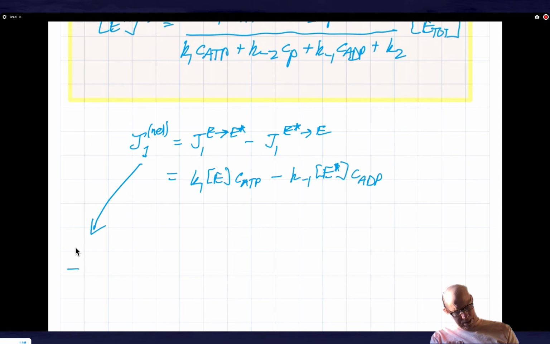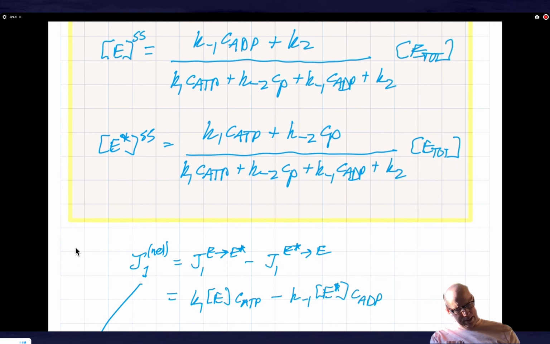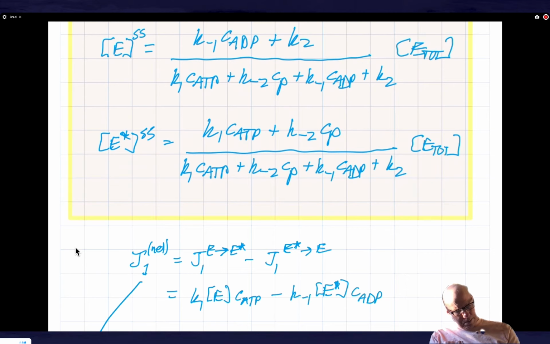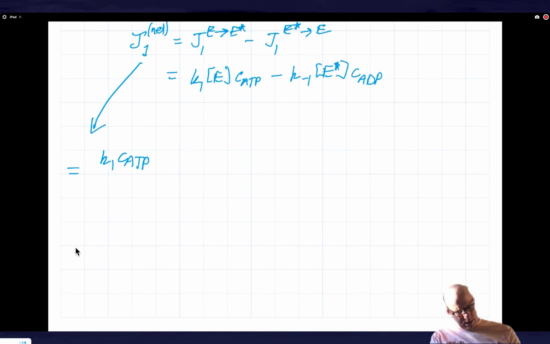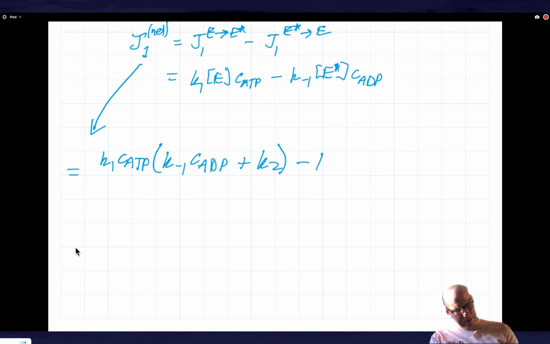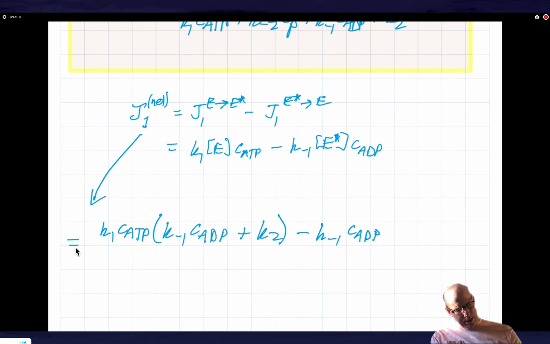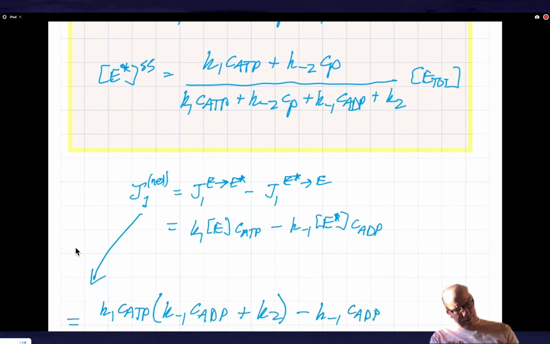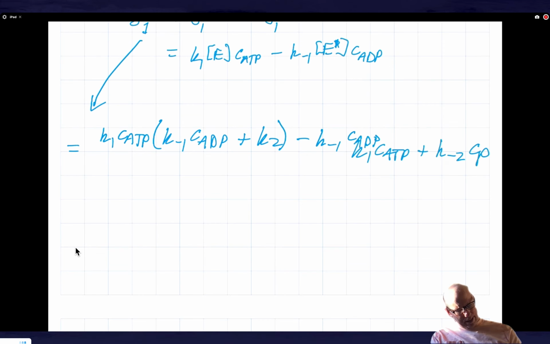So this thing is going to be equal to K1 C ATP, and then I multiply by E steady state. So that means I need to take this quantity, which I will put here in parentheses, and then I subtract minus K minus 1 C ADP, and then here I need to take the numerator of the E star, which I will do now, and bring that down.